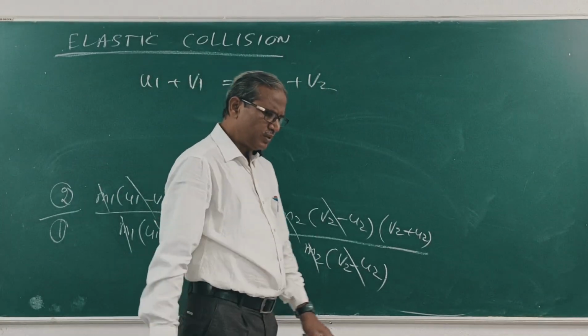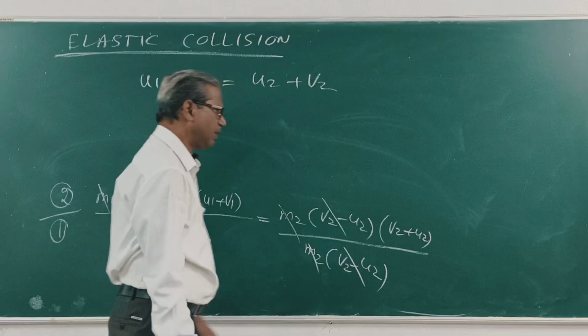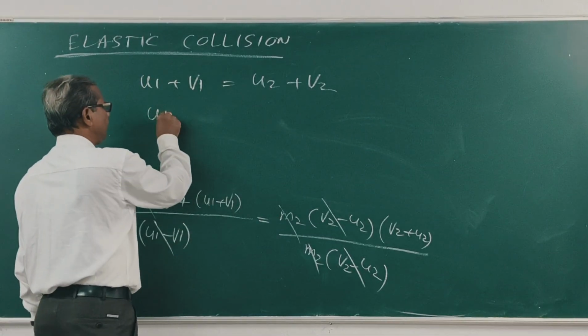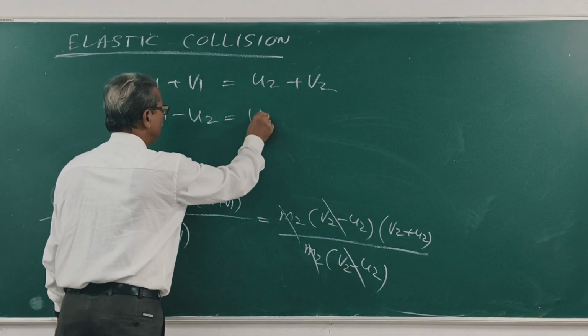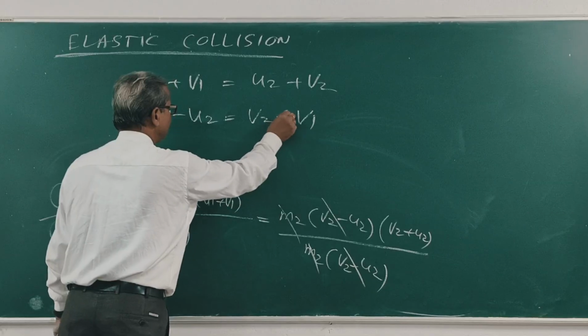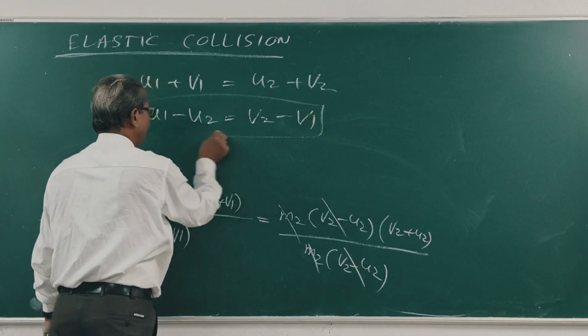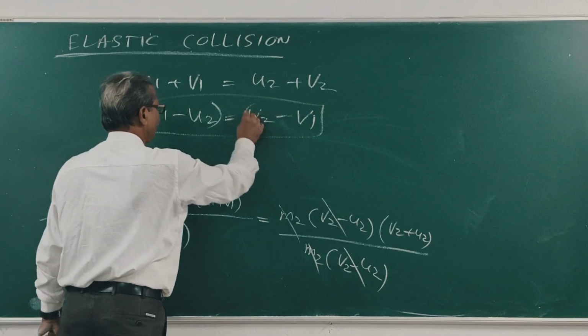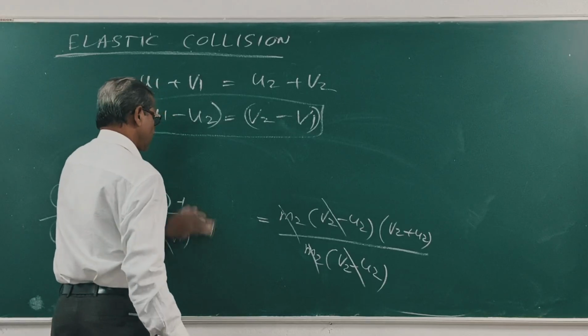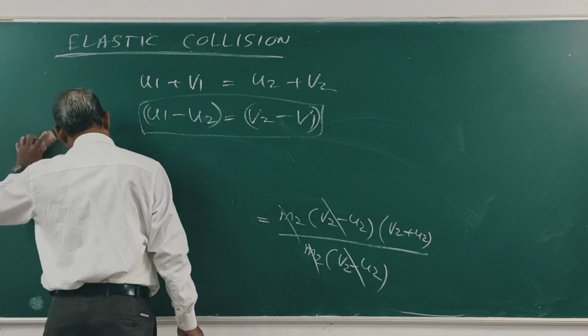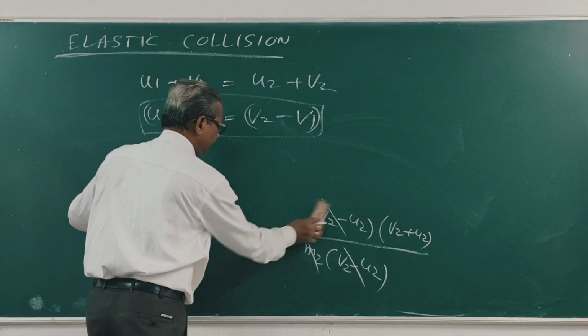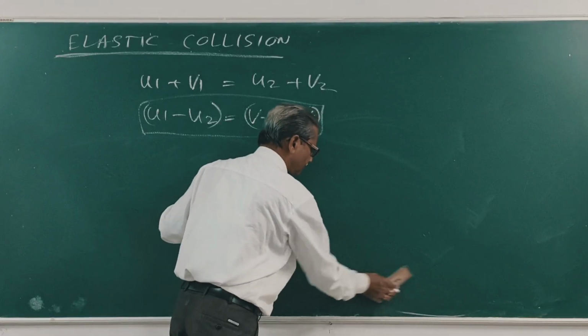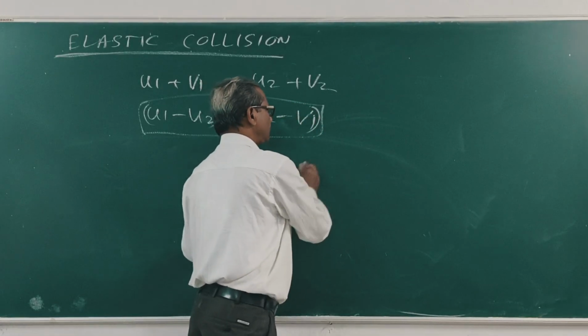Clear? This implies u1 minus u2 is equal to v2 minus v1. This is equation 3.